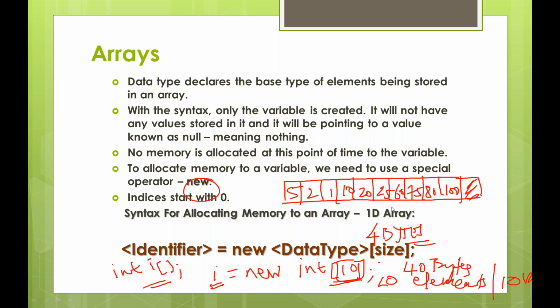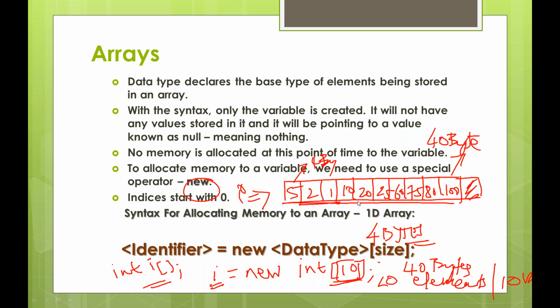So 10 elements we can store. This is an array named I. So 10 elements we can store in this array, 4 bytes each, so 40 bytes.